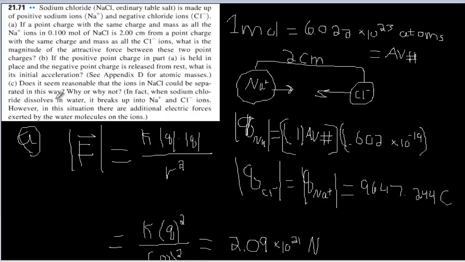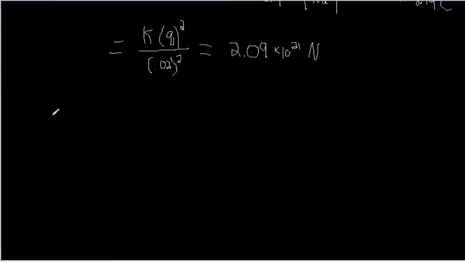And so part B is basically a problem that we can use from basically first semester physics. It says if the positive point charge in part A is held in place and the negative point charge is released from rest, what is its initial acceleration? So basically what it's asking us is, imagine we took the positive point charge, the Na+, we held it in place.